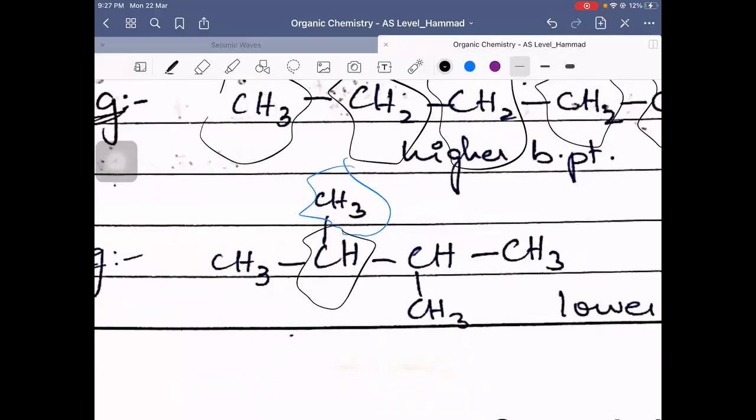The same goes for this. They start to repel one another, and therefore their boiling point reduces because they're already in a state of repulsion. They want to separate off, and a slight heating effect causes them to move further apart.